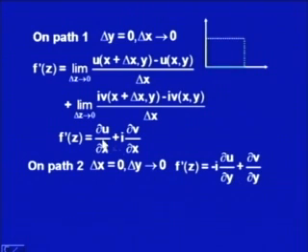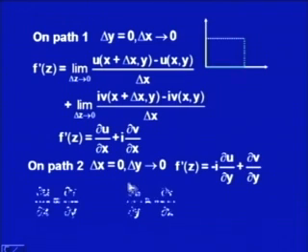So, if we compare these two expressions, then for equality of them we should have delta u by delta x, the real part of this, must be equal to the real part of this, it is delta v by delta y, and comparing the imaginary part here and the imaginary part here, it is delta u by delta y is equal to minus delta v by delta x.